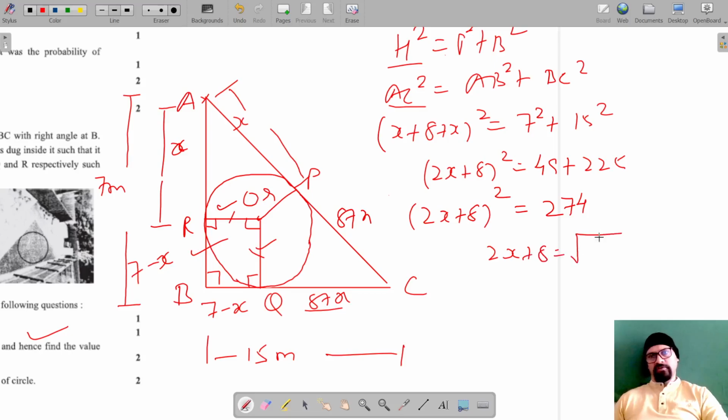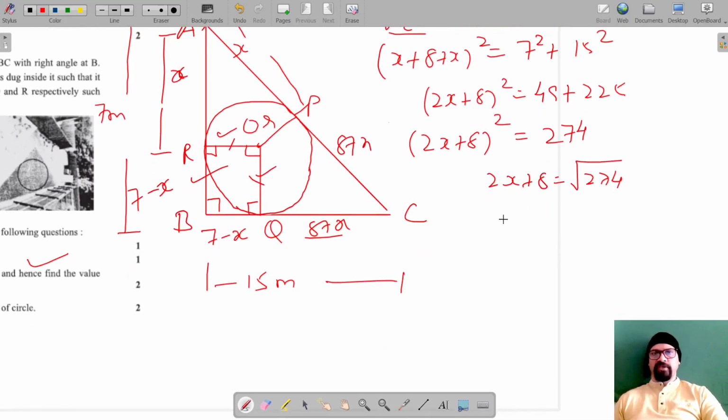And 2X plus 8 is equal to the square root of 274, which is 16.55.